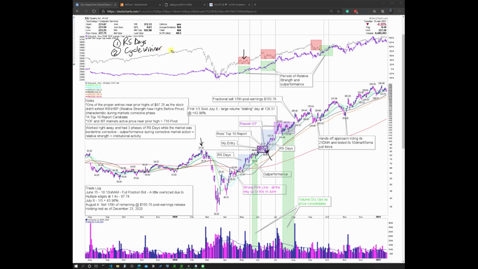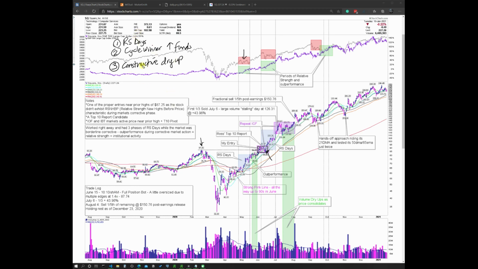We know the stock, and it has increasing funds. And then the third thing that we know is that we have a constructive dry up, right? So constructive tight action with a dry up in volume. So it's tight closes with a dry up in volume. That's what I mean over here.